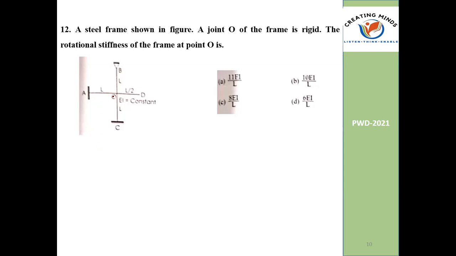It's a reference. Oh, it is 0. This is 0. 4EI by L. And this is also what? So finally, what are you getting? 11EI by L. How much? 4 plus 4 plus 3.